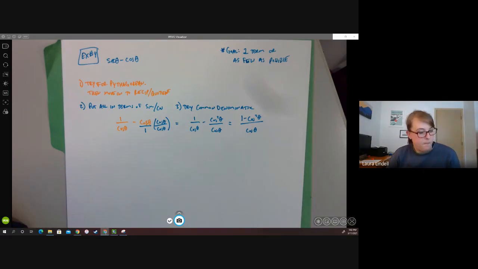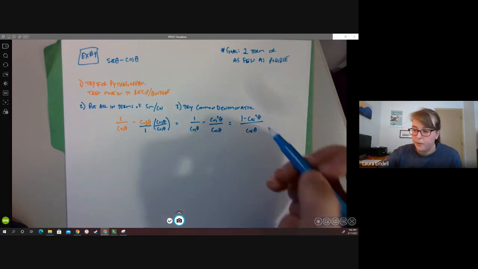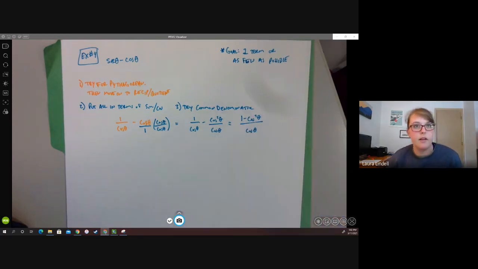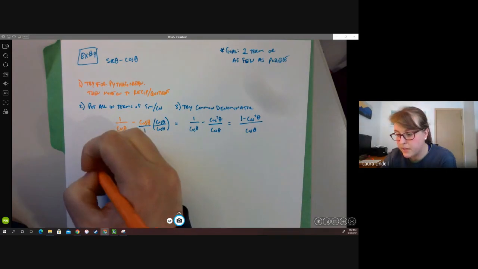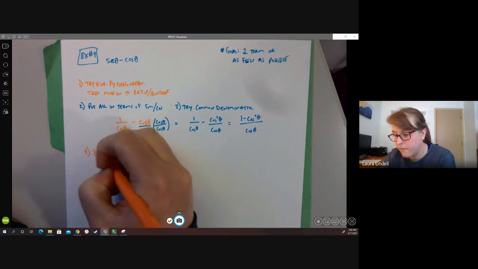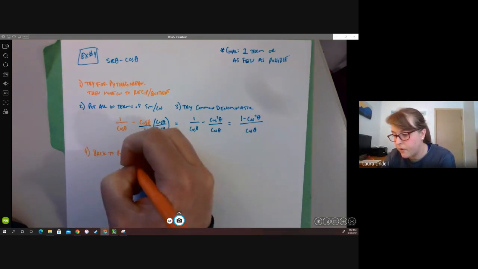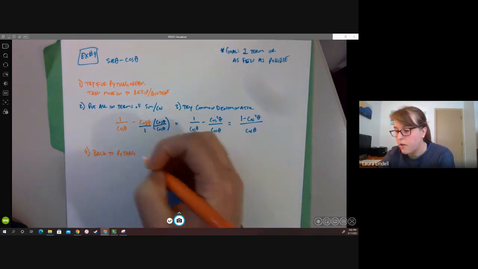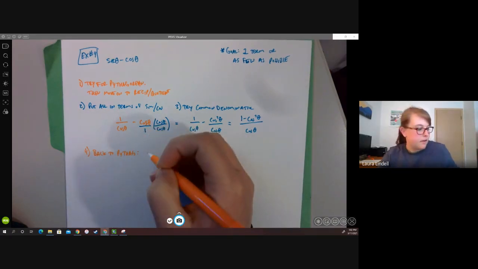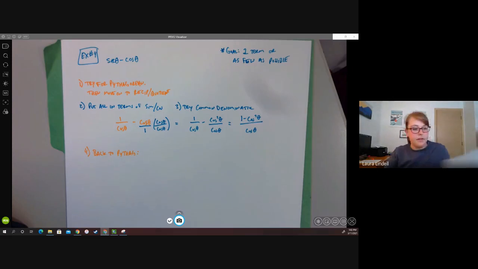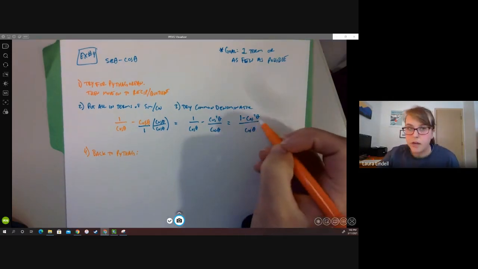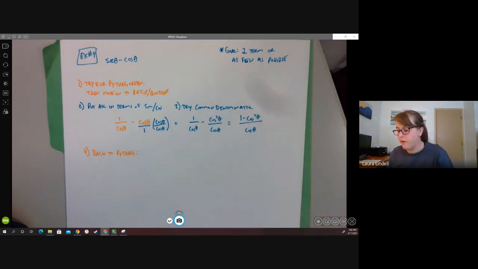So now, we're back to seeing something with a cosine squared in it. So now I can think, maybe there's a Pythagorean identity here. So step 4 here is back to Pythagorean. We notice that from our Pythagorean identities, this 1 minus cosine squared is a rearrangement of it.